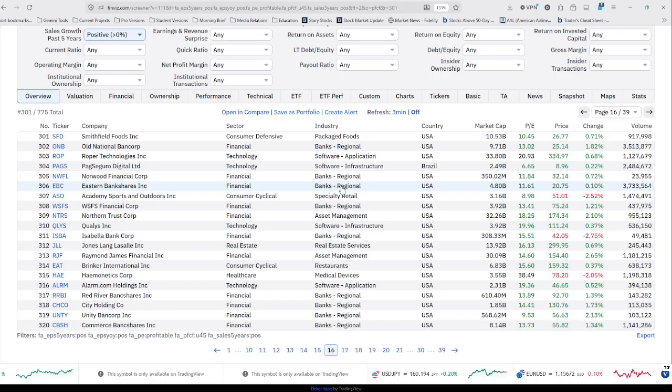So screen the market. Figure out what you have interest in. Are you interested in growth right now? Are you interested in value right now? What are you interested in?